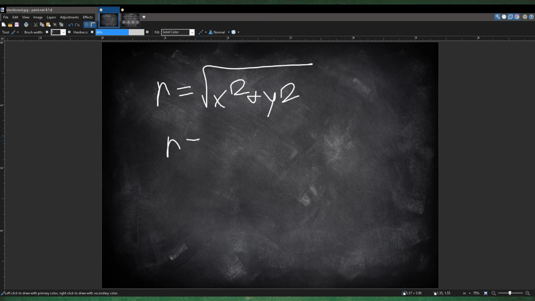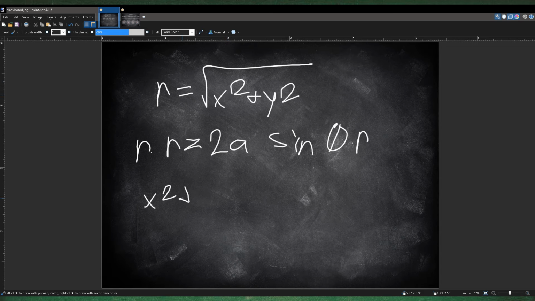So you have a case like, let's say, r is equal to 2a sine of theta, and you have this as the graph. So you have the square root of x squared plus y squared is equal to 2a sine of theta. What you do is multiply r by both sides, and then r squared, you square the square root, so you get x squared plus y squared.